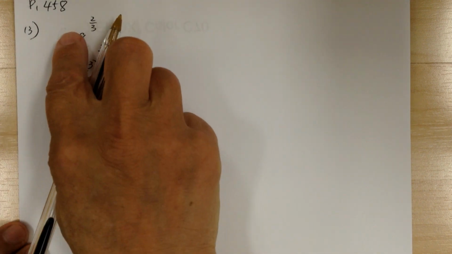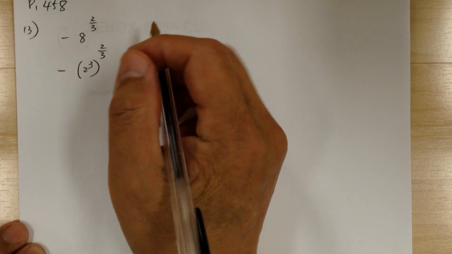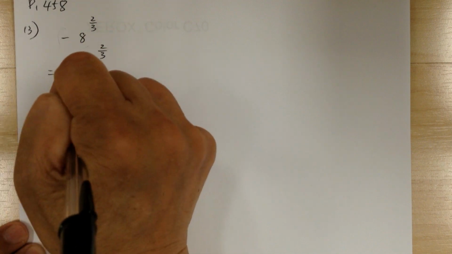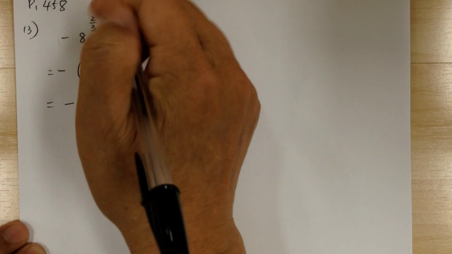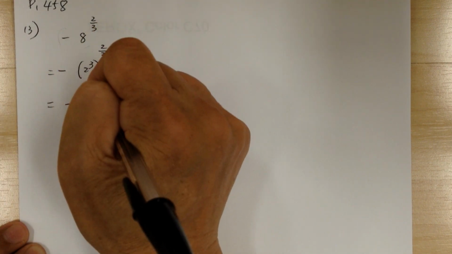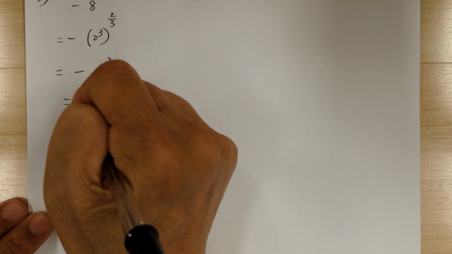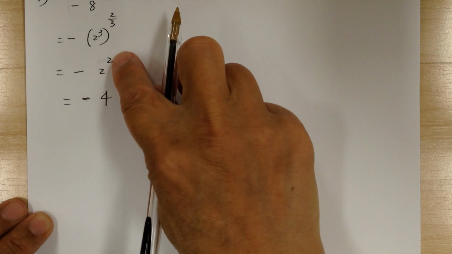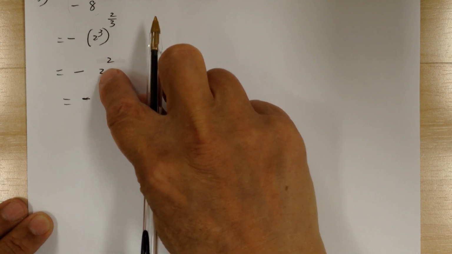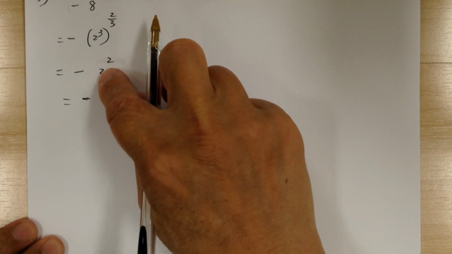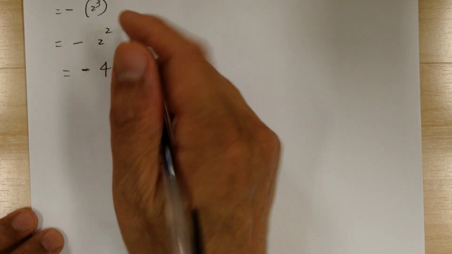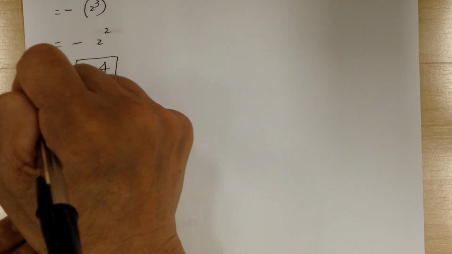So you keep your negative separate. This becomes negative 2 to the, this cancels out, so 2 squared, and this equals negative 4. Now the negative does not square. Remember, the exponent is only for what is immediately before it. So the square is only for the 2, not for the negative.